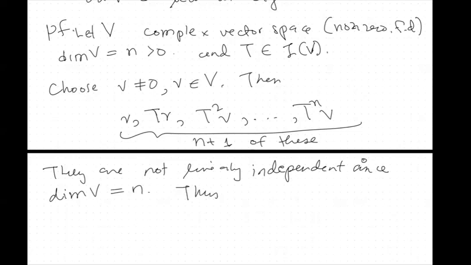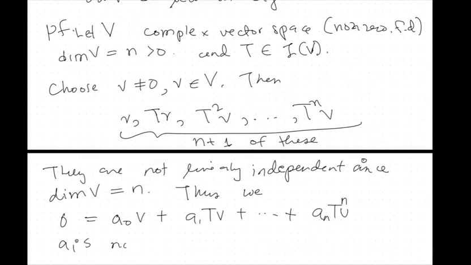Thus we have 0 is equal to a0 v plus a1 T of v up to an T to the n of v, and the a sub i's are not all 0 because of the not linearly independent.